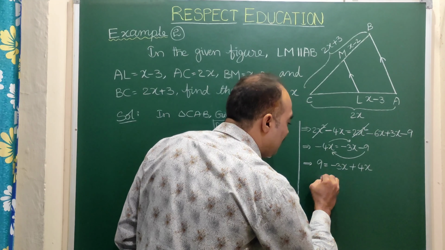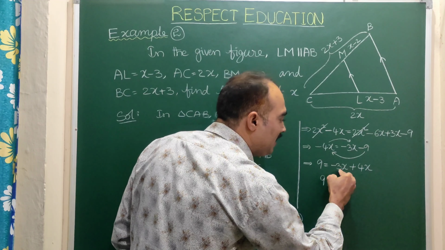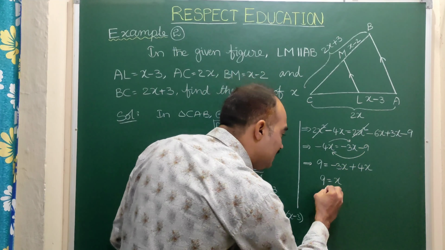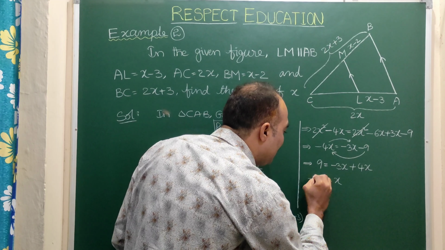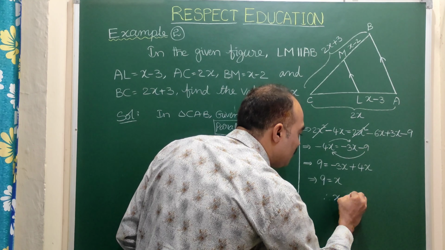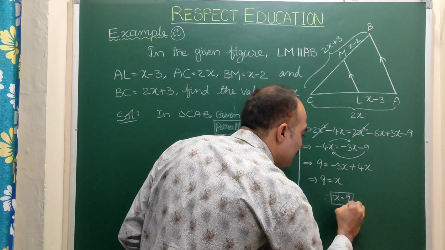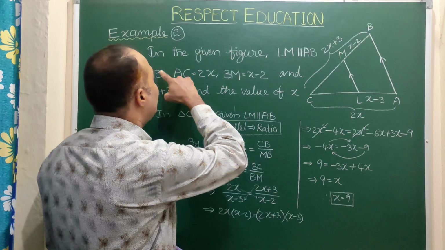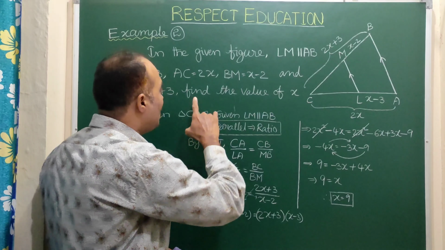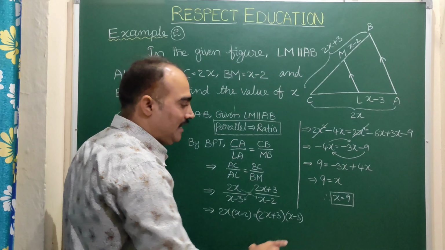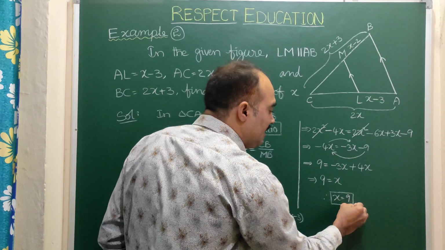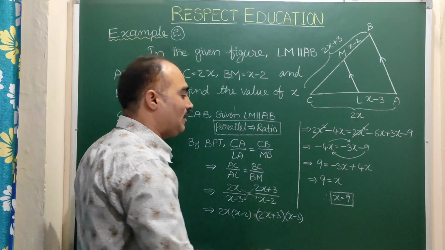So it is simple, 9 is equal to 4x minus 3x, which is x. Therefore we can write x is equal to 9. Let us observe the question. If these are the given conditions, find the value of x. Here x is equal to 9 is the final answer for this example 2.